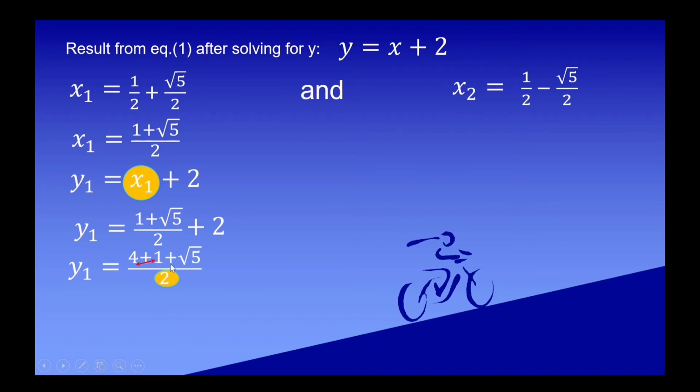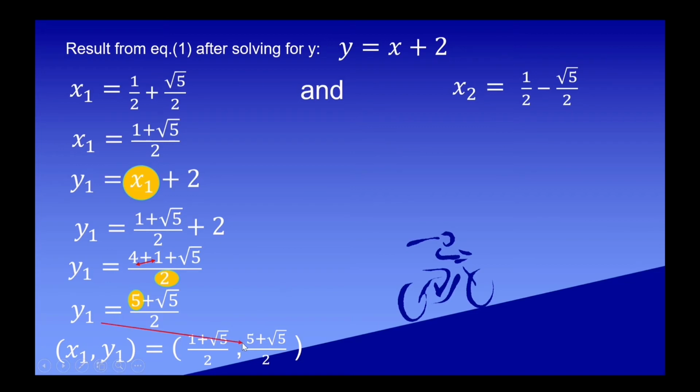So 4 plus 1, not including the square root of 5, is 5. Then add the square root of 5 over 2. So this is the value of y sub 1. And our x sub 1 is 1 plus square root of 5 over 2, then y sub 1 is 5 plus square root of 5 over 2. So this is our ordered pair of x sub 1 and y sub 1.